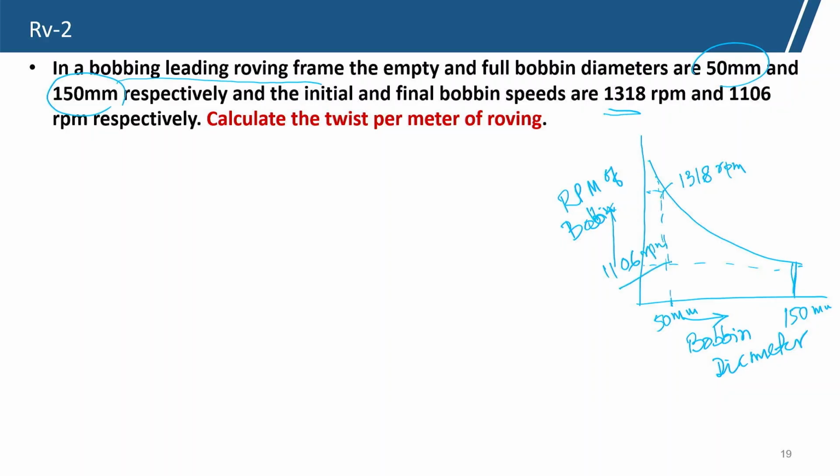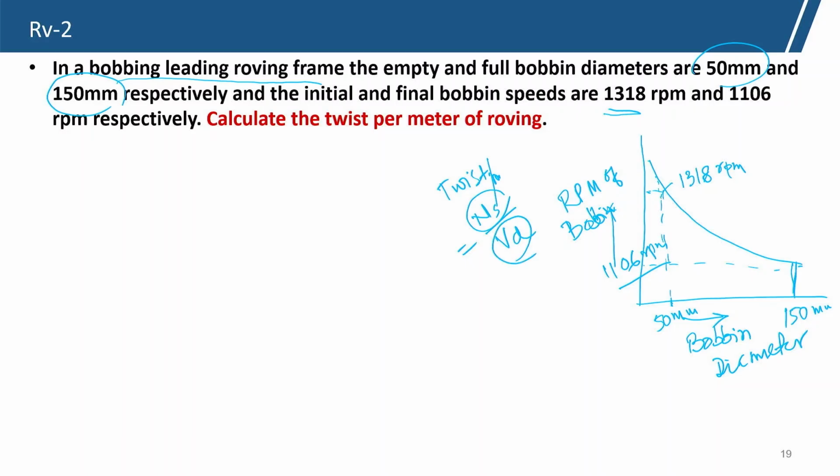Okay. And what is being asked, calculate the twist per meter. So, twist per meter is given by spindle rpm by delivery speed, that is the twist per unit length, but here nothing is given, spindle speed is not given and delivery speed is not given, only 2 points are given.